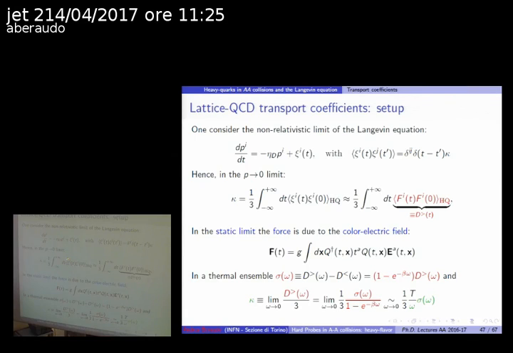But in the p to 0 limit, this is nothing but a force-force correlation, because clearly this is a force. In the p to 0 limit, the friction term is not important, and so this is nothing but a force-force correlation function, called D bigger, because the force at time t appears on the left of the force at time 0.